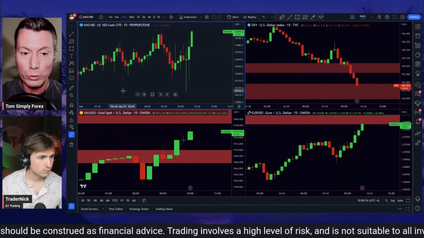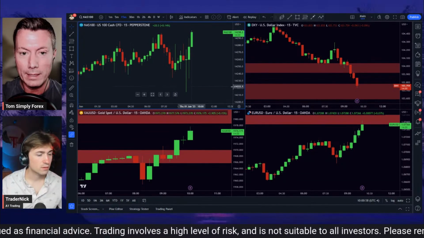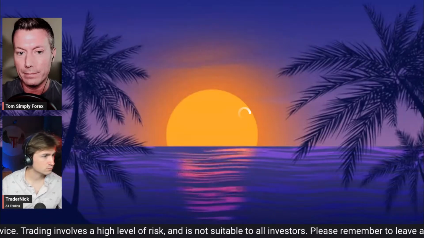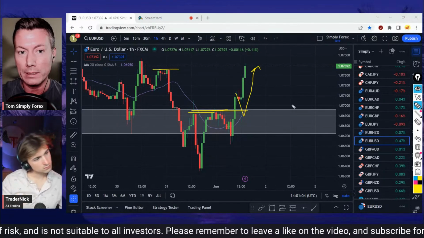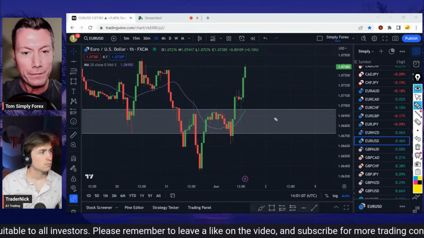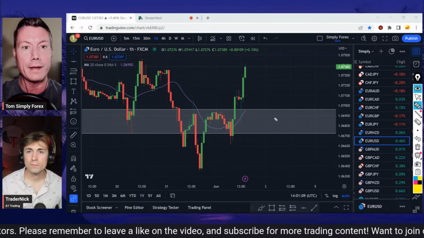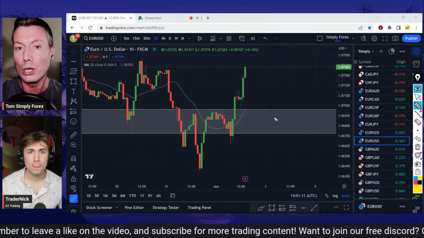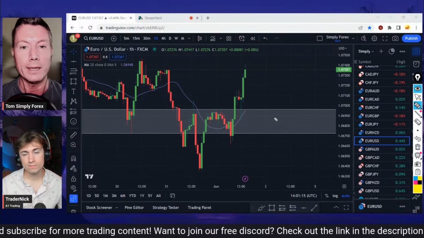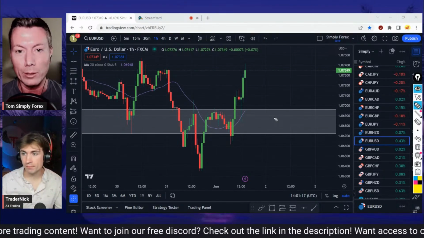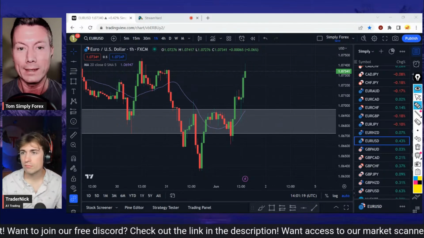Yeah, euro US dollar, I was looking at a trade here when we got a break of this structure on the H1 retest to take price back up to here. And just the fact, I mentioned it to Frank, that the US dollar news earlier on was far better than expected, and the market just ignored it. The market wanted US dollar weakness almost.